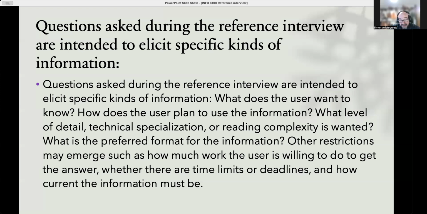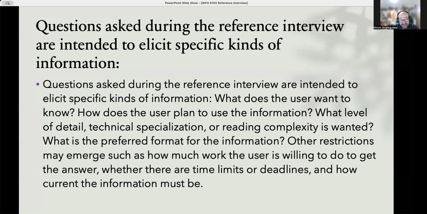Because there are sources for users, okay, and the user needs will determine what kind of source the user needs. So we have to be clear how the user is going to use this information, how the patron is going to use that information, how much level of sophistication the patron needs in terms of this information.